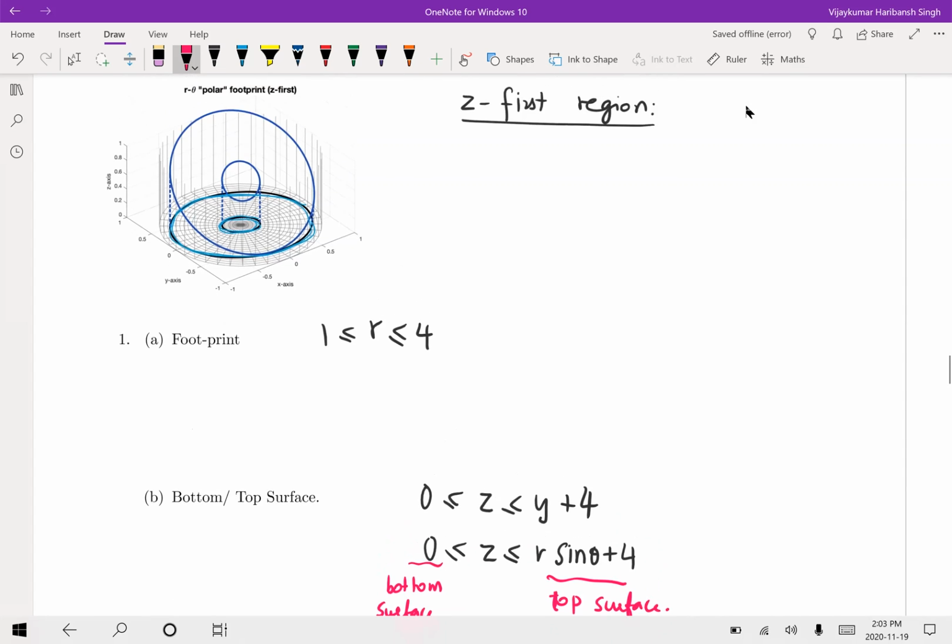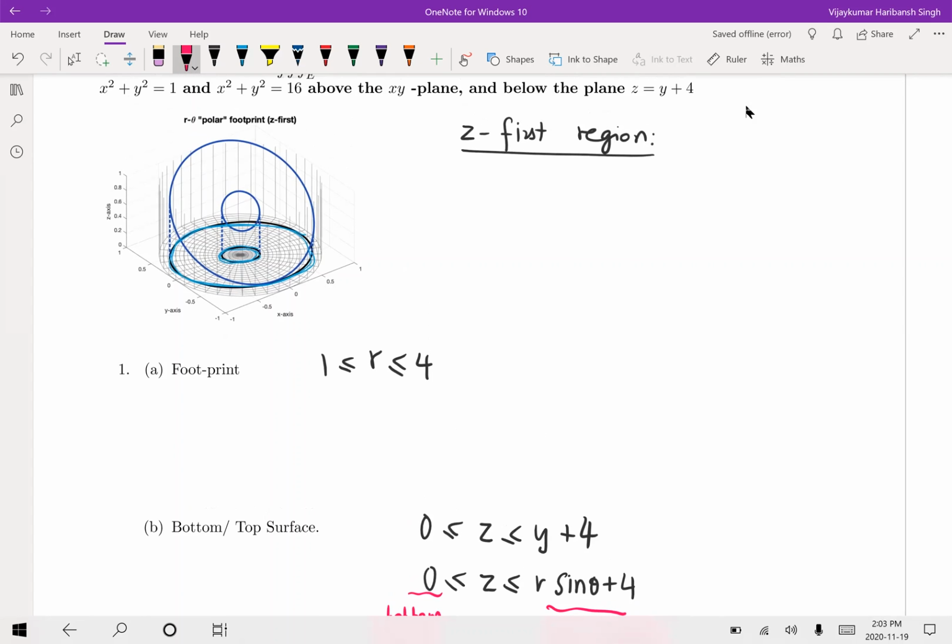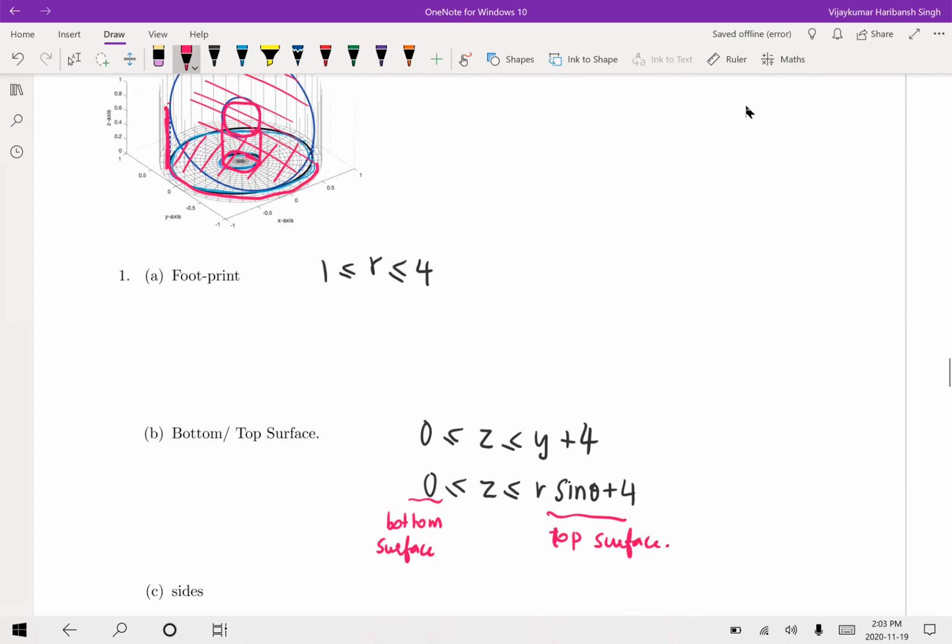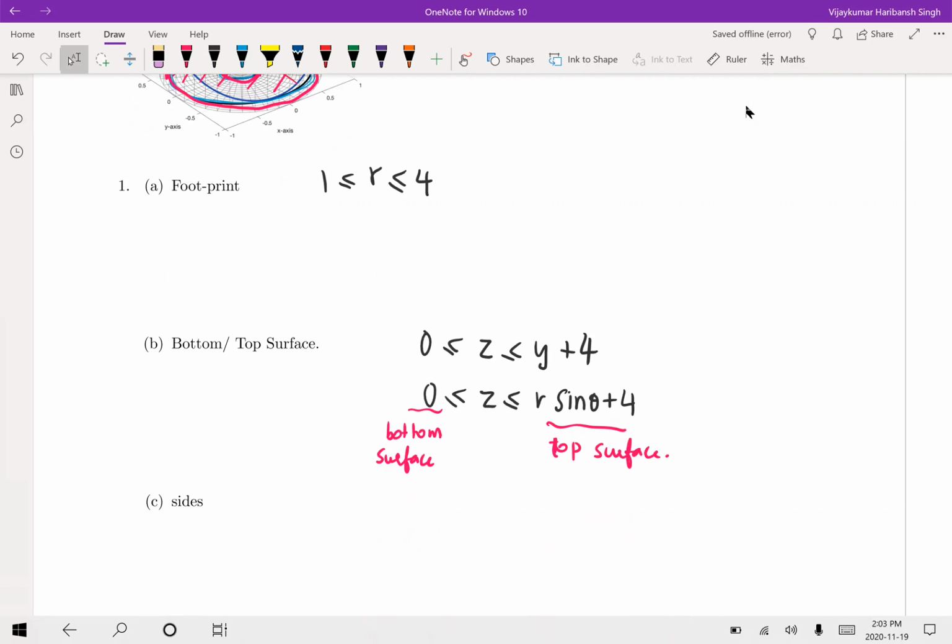Now sides, so what are the sides? In this case we have top here, we have bottom as that circle, and the sides. We have 4 faces. Out of those we have 2 sides.